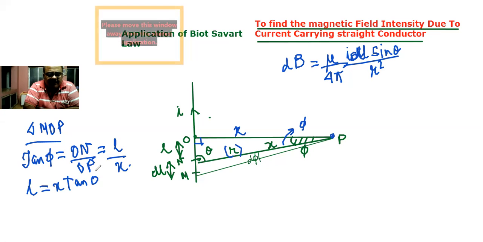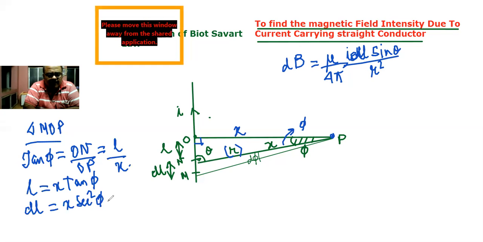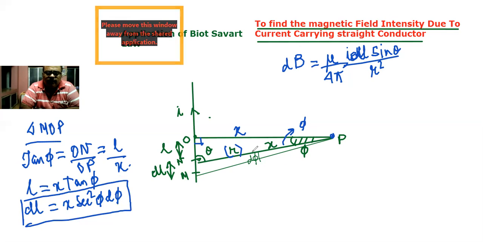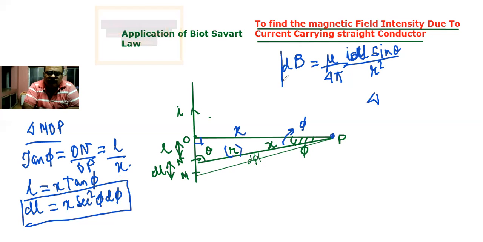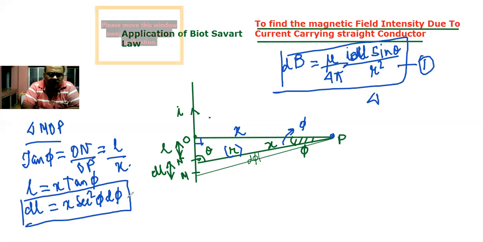Now if I differentiate, what shall I get? I will get dl equal to X into sec square phi d phi. So dl equals X sec square phi d phi. Now children, I consider once again this triangle. This was my equation 1, and this dl that I have got is equation 2.